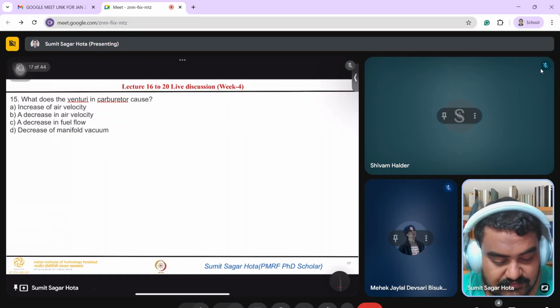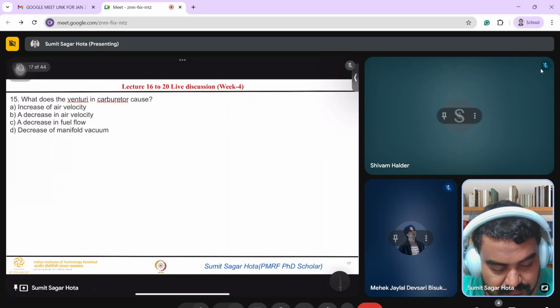Because if you turn on the choke and there is enough fuel but there won't be any air, that means there won't be any combustion. So that's the reason we also have to maintain air inside the carburetor. The controlling device is our venturi meter.